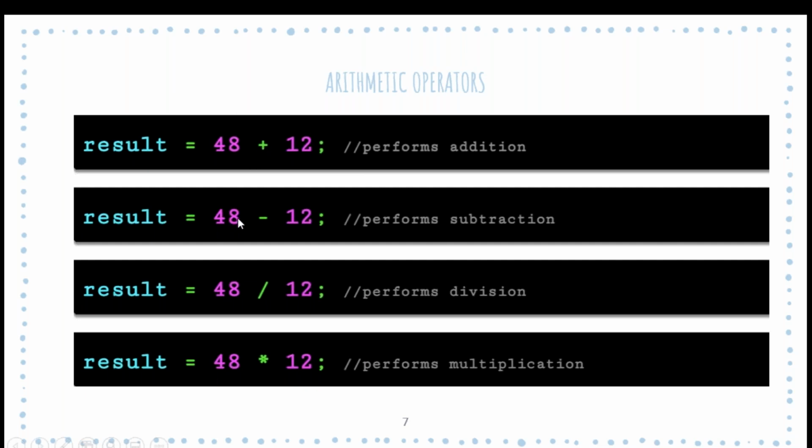The second one says result equals 48 minus 12. This will perform subtraction because there is a minus operator there. The third line, result is equal to 48 divided by 12, will perform division. And finally, result is equal to 48 star 12, and this performs multiplication. It's a really good idea to keep these four key arithmetic operators in mind.